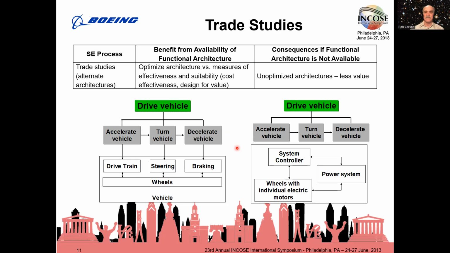So this would be an expected benefit of having a good model of functional architecture, and you would end up with two different architectures here below the system of interest level that you could then use to examine which of these architectures at the next lower level is preferred with respect to your system measures of effectiveness.